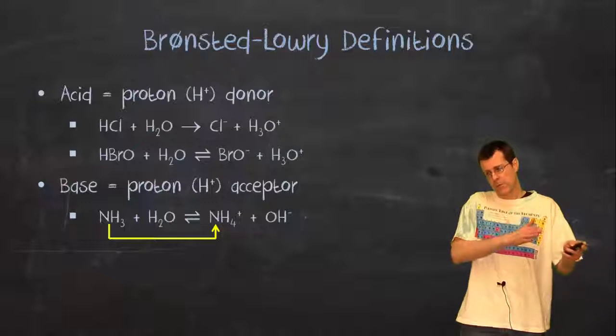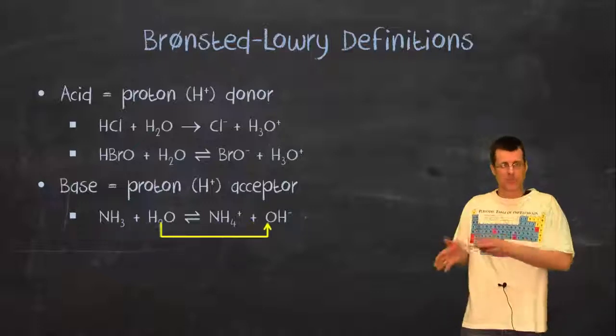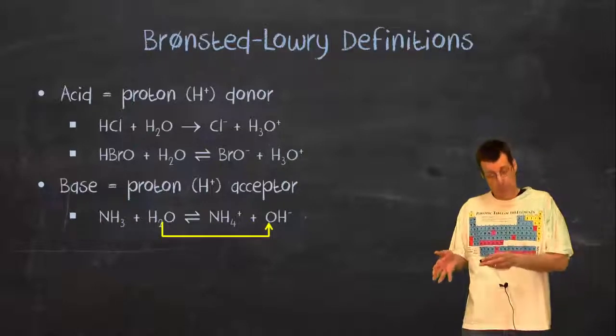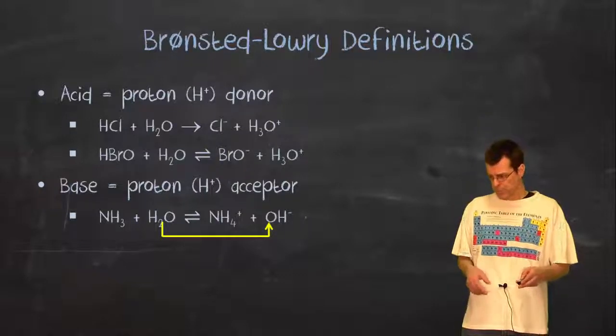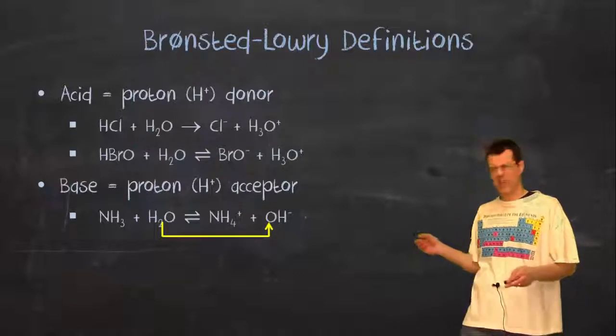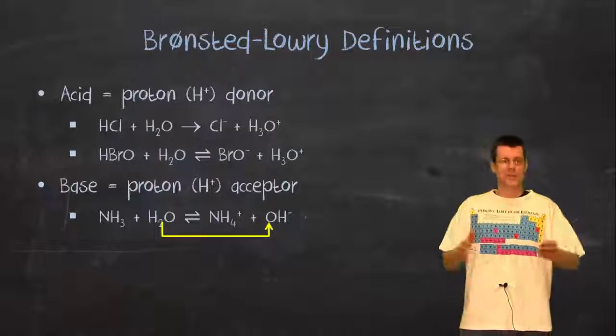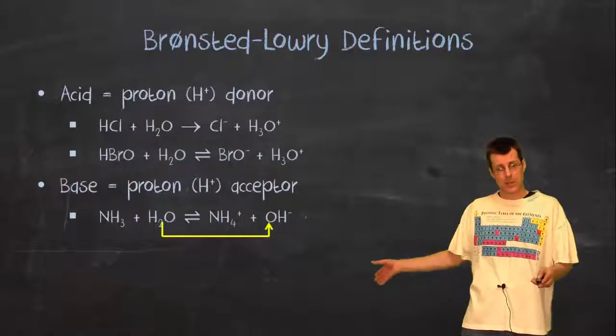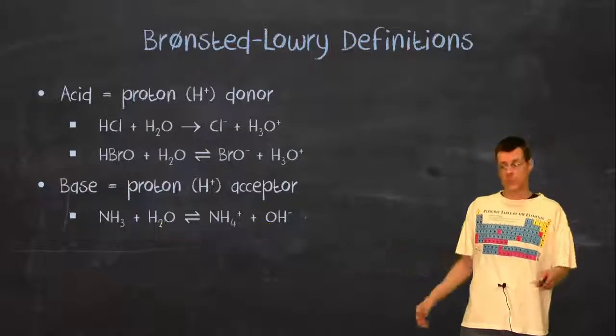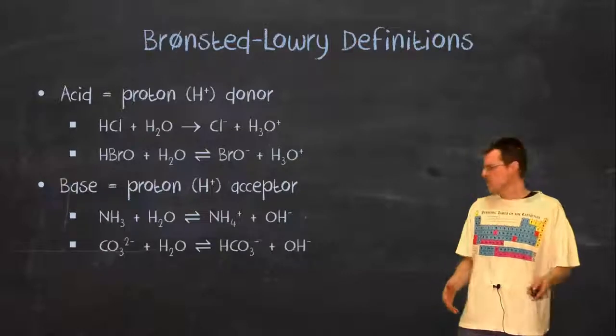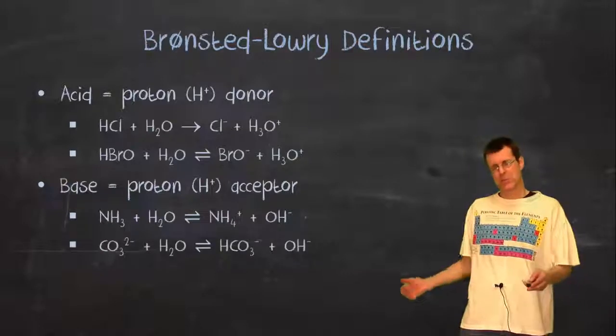And if I follow that through, then the proton has come from the water. But if I look at how one changes to the other, I've identified that the base, the NH3, has accepted the proton. Other bases, or other things that can behave as bases, will do that as well.